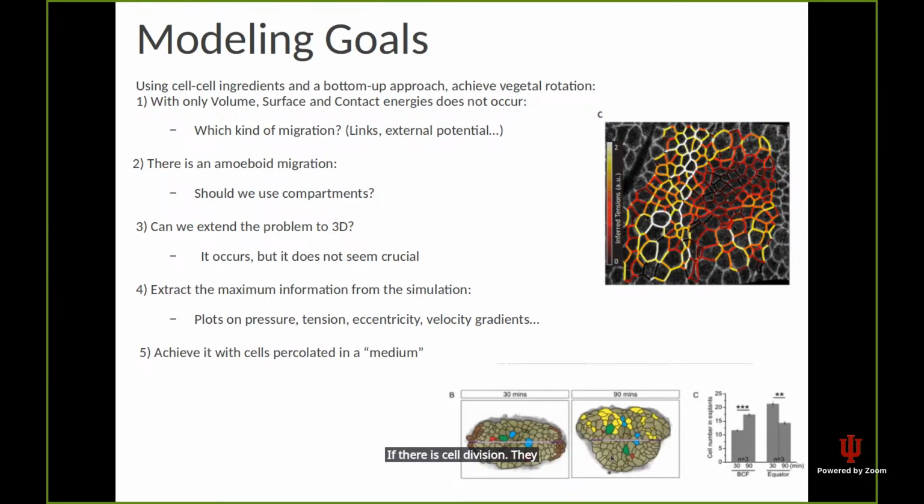They manage to describe the different velocity gradients that they observe in different cells. They even go to the molecular level to describe this migration, and which components in the membrane are crucial for it. So I think there is enough data to start trying that. And I have some experience already with CompuCell and doing simulation with cell pods, so this might also help.